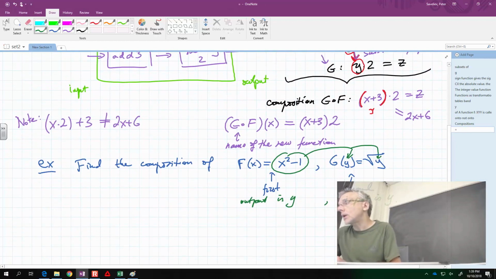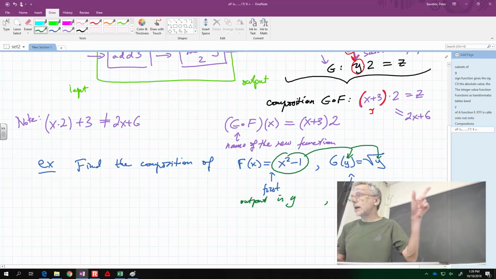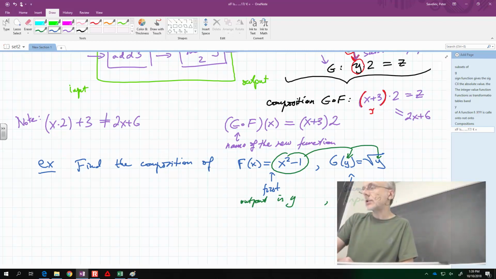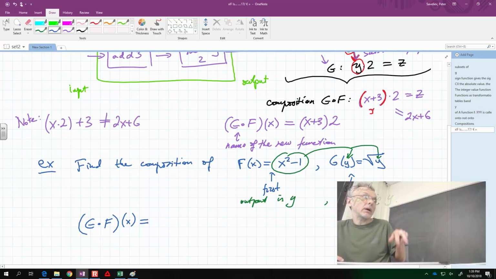Once that's been sorted out, the computation is not hard, but you still have to write out the left-hand side using the proper notation. So it still will be g circle f, to indicate the correct order, of x. Now I take my formula for the second one and plug the first one into it.